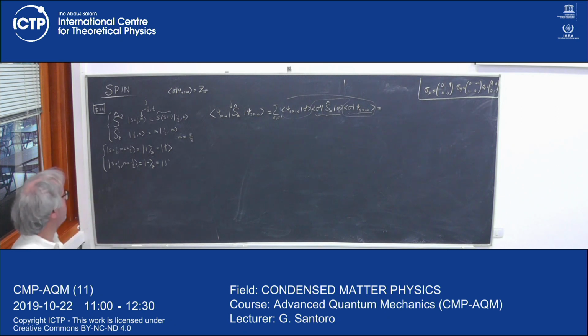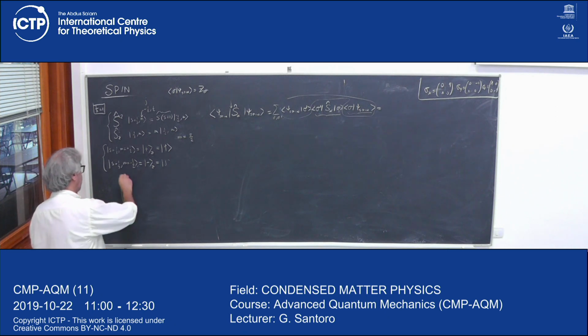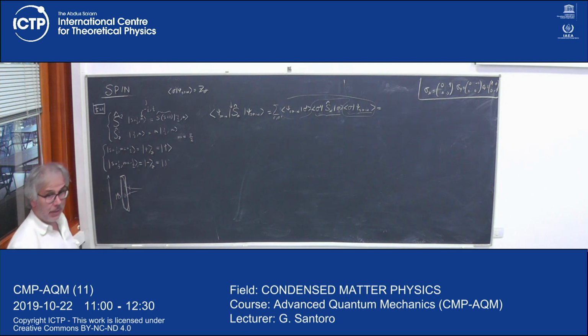Remember the thing? So there was a z axis, and there was a hole here, and the spin up and spin down go separate ways. So all you have here is spin states aligned with the axis of the apparatus. Okay? This is a very nice trick.